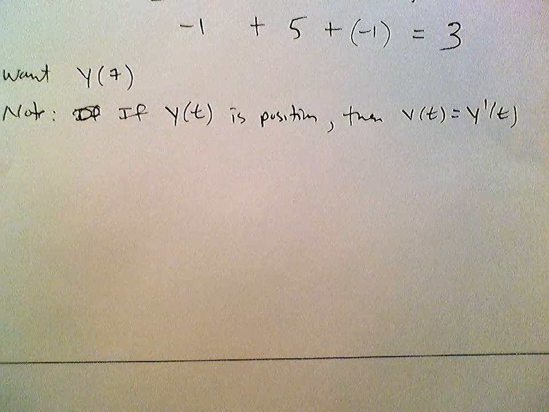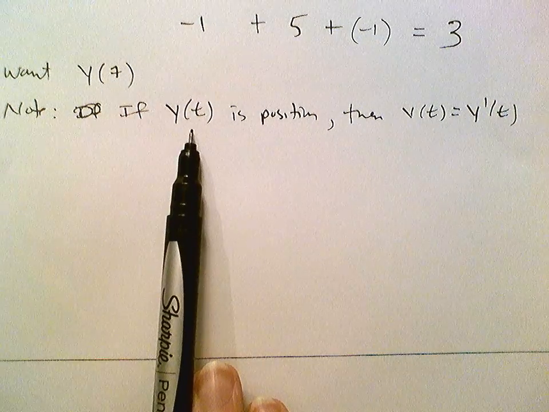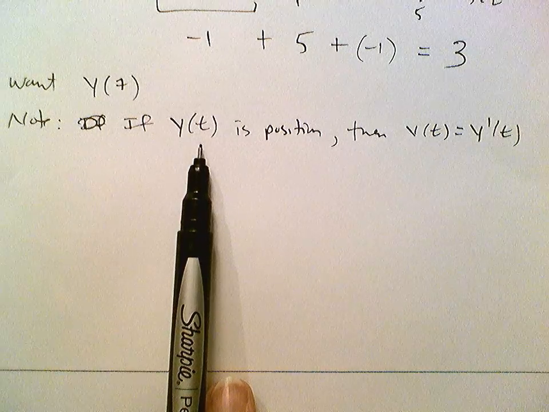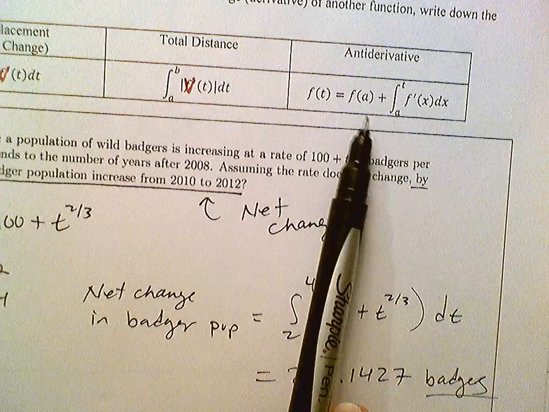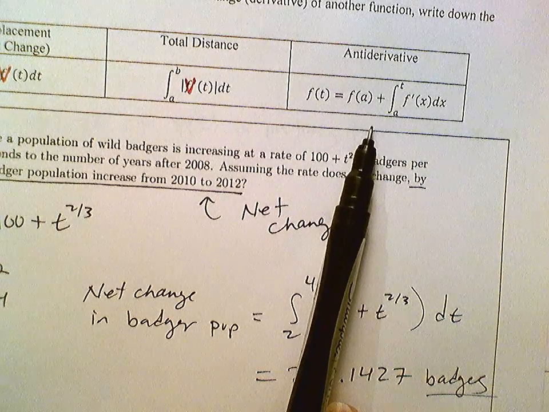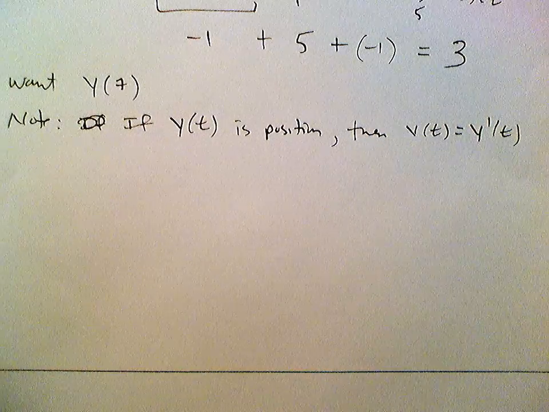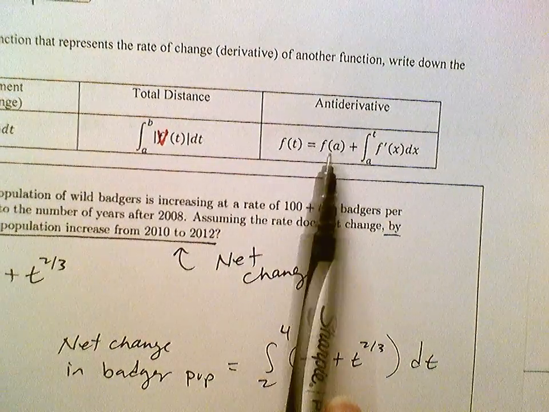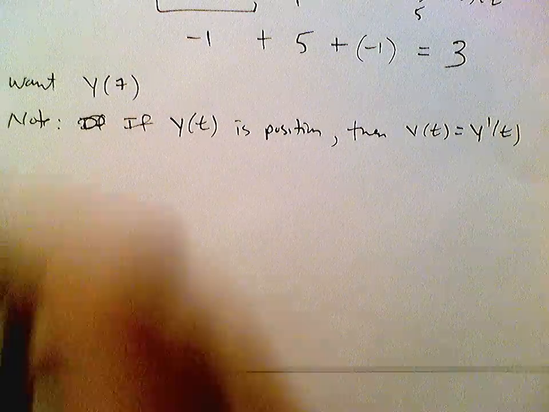That's a good observation, because I've got the derivative of the position, which is velocity, and I'm trying to think backwards. Well, this antiderivative formula, guys, will always help you get backwards. As long as you have the initial position, you can use this antiderivative formula.